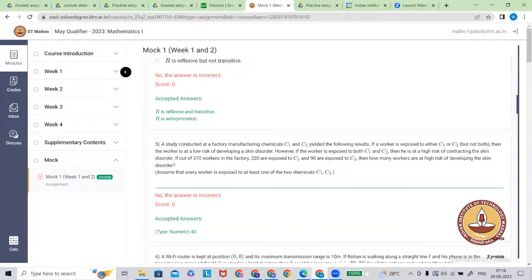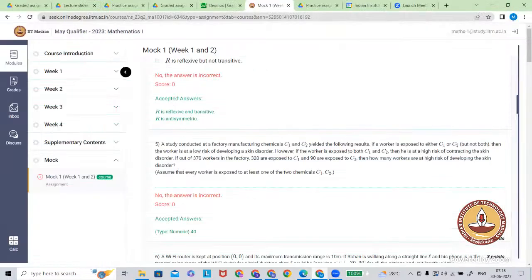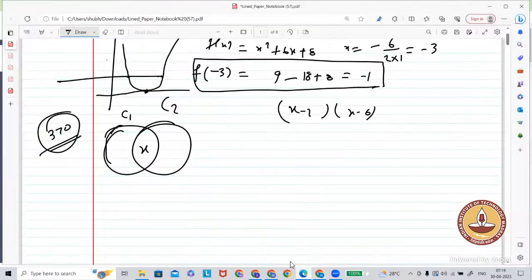Suppose X is the number of workers who got touched with these two chemicals. Out of 370, 320 are exposed to C1. So if it is 320, what would this be?